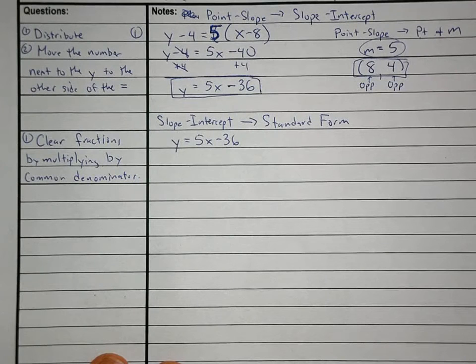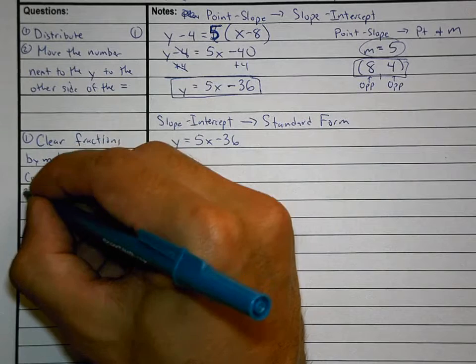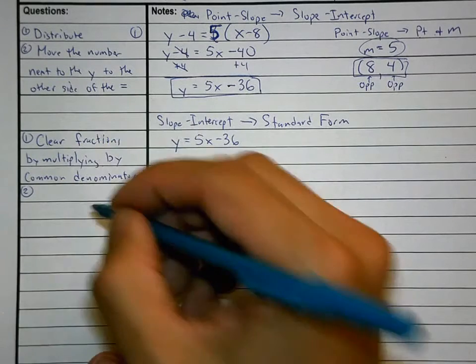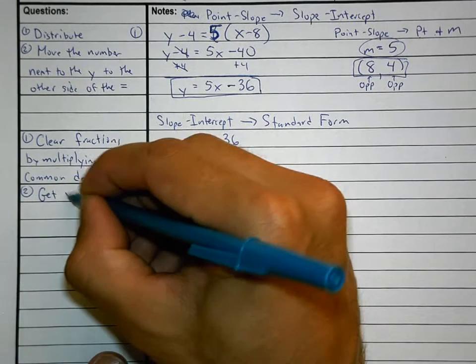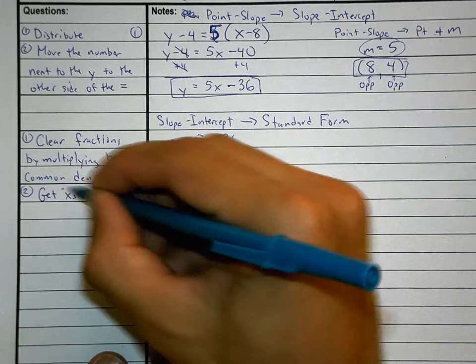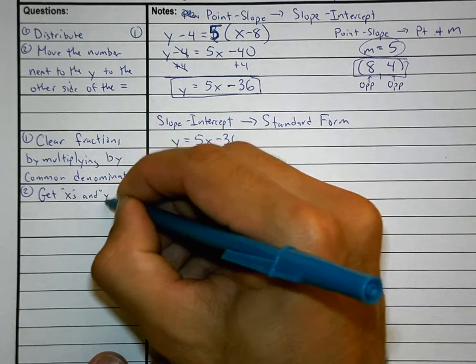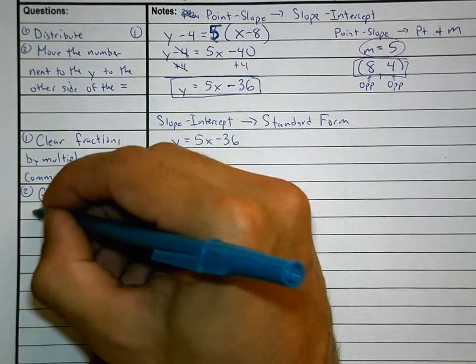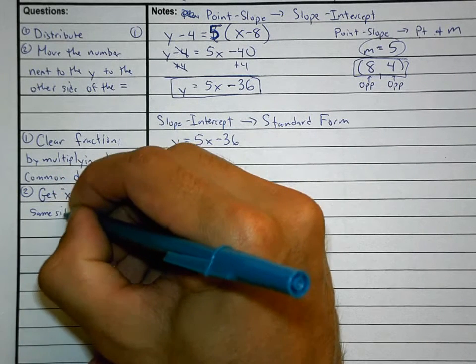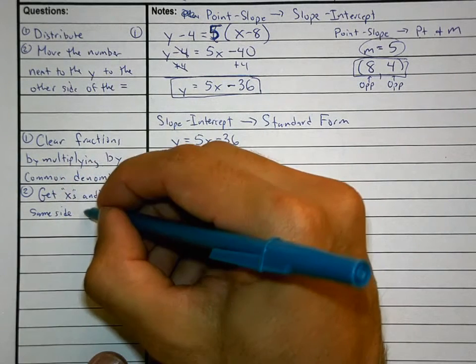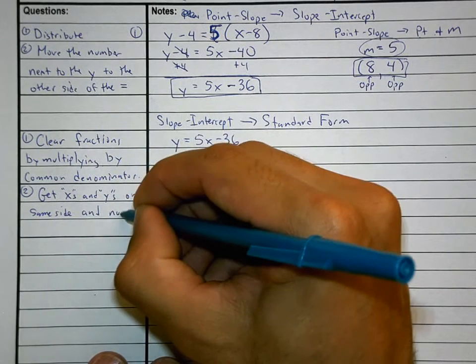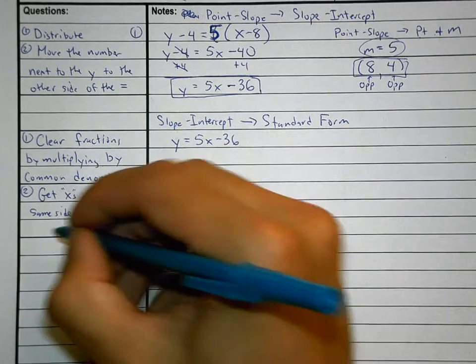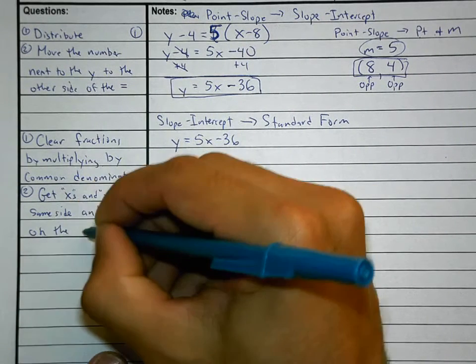Clear fractions by multiplying by the common denominator. And then the second step is to get x's and y's on the same side and numbers on the other.